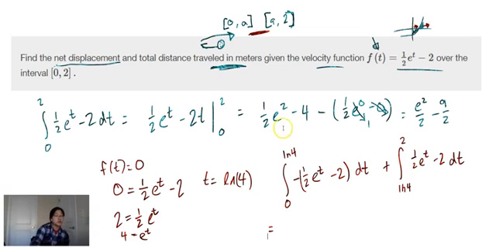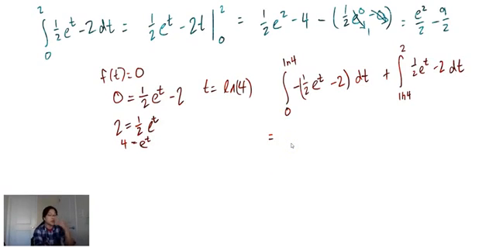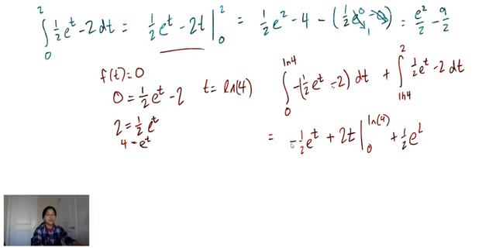This equals, might need a little bit more space. Okay, so we have negative 1/2 e to the t, that's going to be negative 1/2 e to the t, plus, because the negative goes and distributes out there, so we have 2t from 0 to natural log of 4, plus, and then our antiderivative that we found before of 1/2 e to the t minus 2t from natural log of 4 to 2.